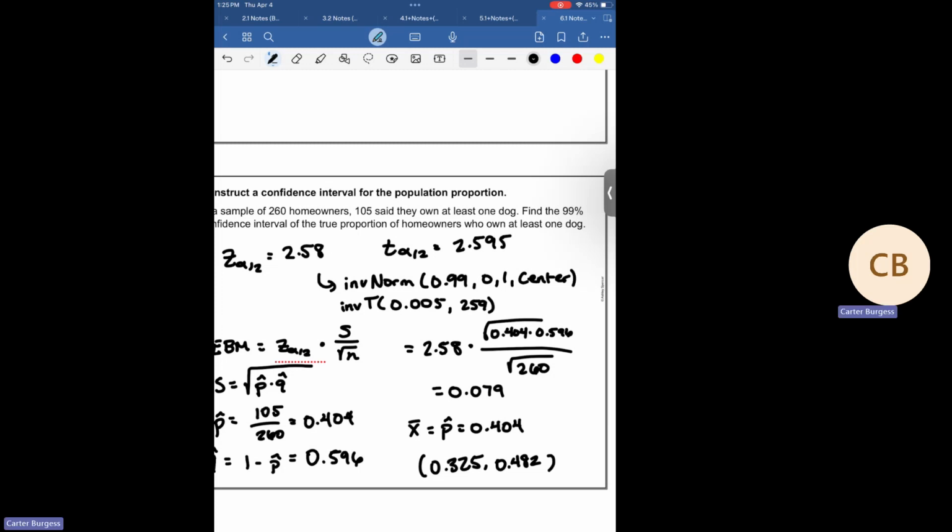If we needed to interpret what this means, what does it mean that we have a 99% confidence interval that looks like this? Okay, so 99% of our data falls between those two values. That is certainly true. But what is our interpretation for the confidence? What can we say about the true percentage of people who own at least one dog?